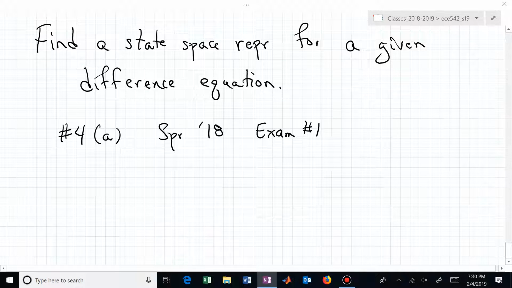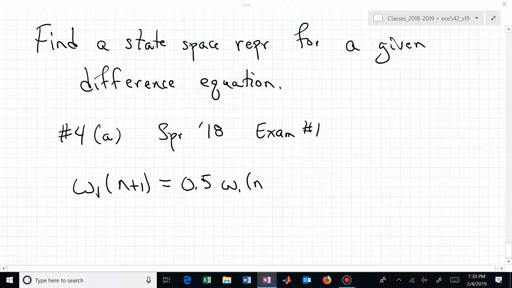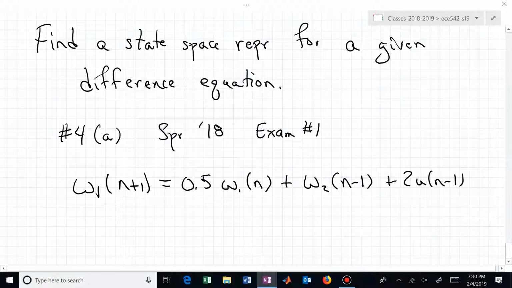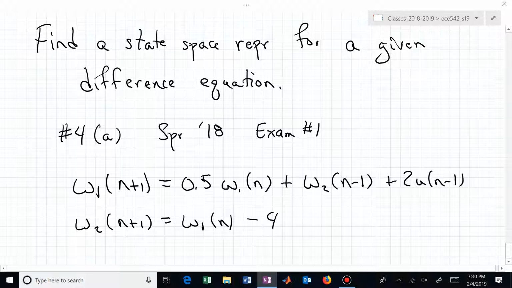So that now I have, let's say, W1 of n plus 1 equaling 0.5 W1 of n plus W2 of n minus 1 plus 2 U of n minus 1, and W sub 2 of n plus 1 is equal to W1 of n plus, whoops, it's minus 4 W2 of n plus 3 U of n.